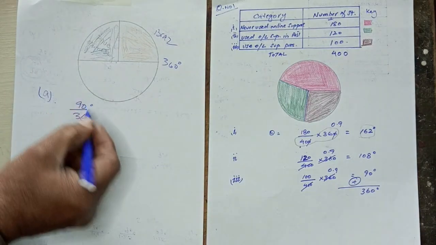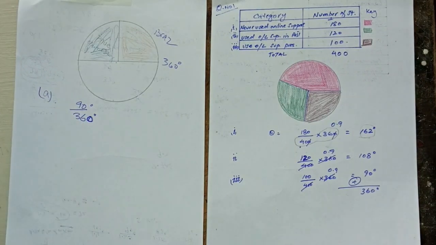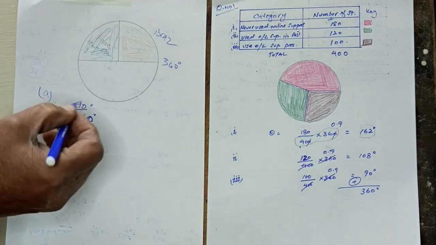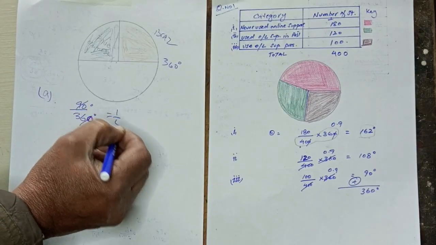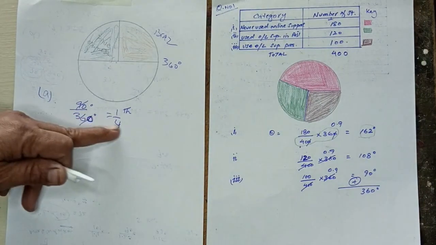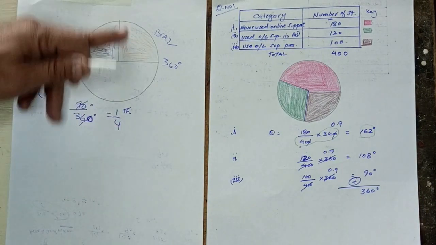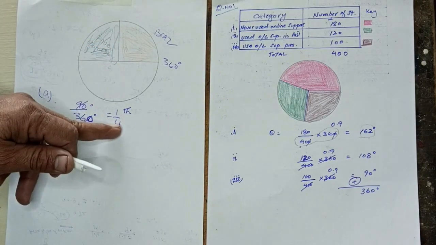This is 360-degree. If I just cross-cancel them, it will become 1 by 4. Now 1 by 4th of the population is Chinese.